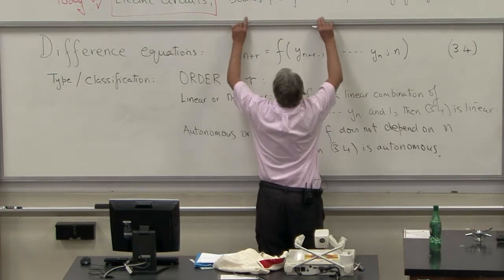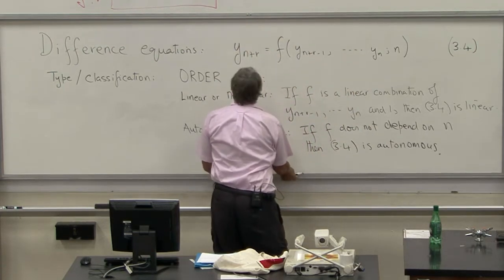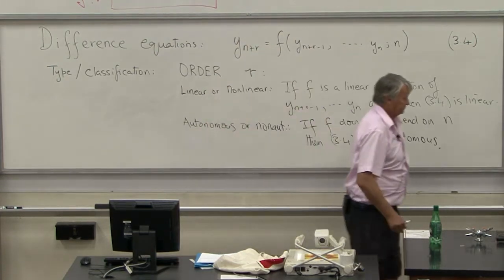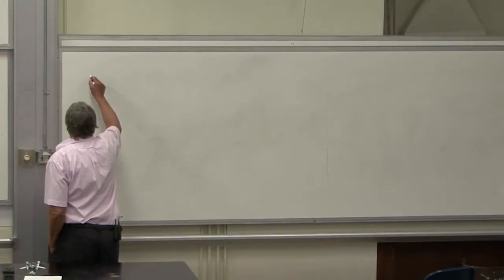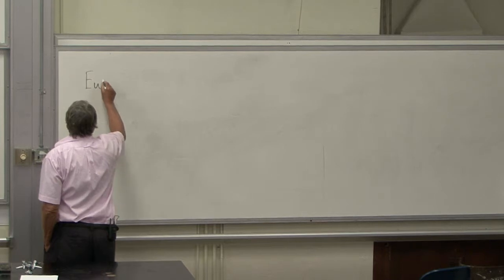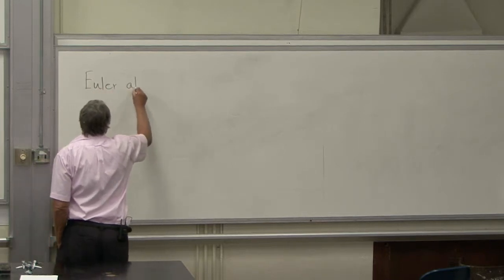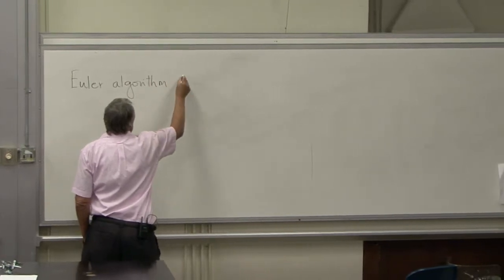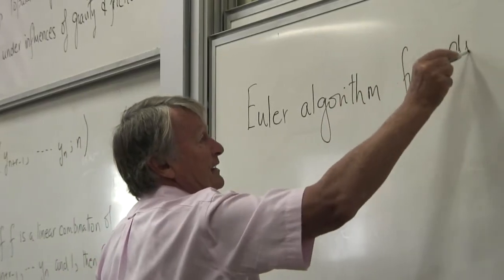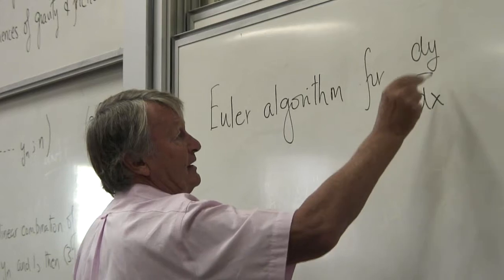Right, so now let's look at lots of examples. Remember the Euler algorithm for dy by dx equals y.